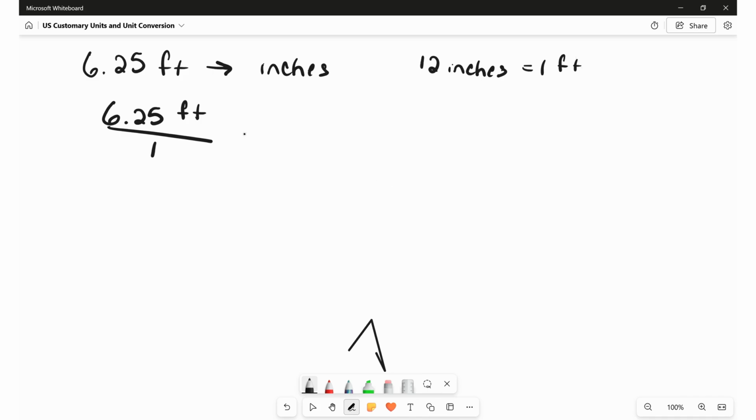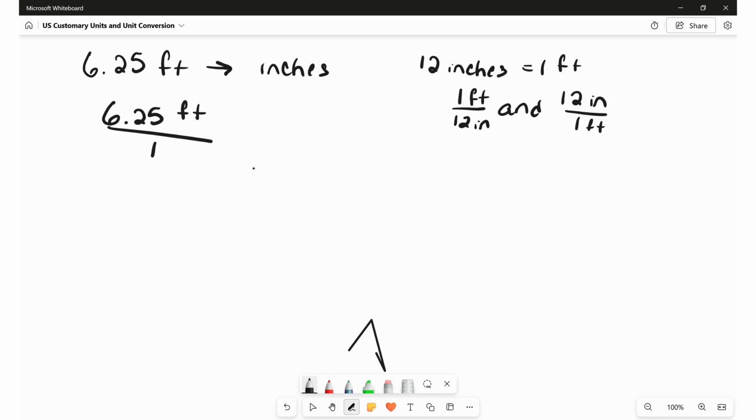So we have two ratios. We have 1 foot over 12 inches, and we have 12 inches over 1 foot.